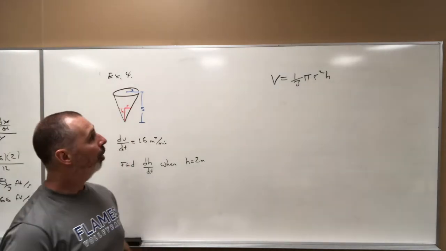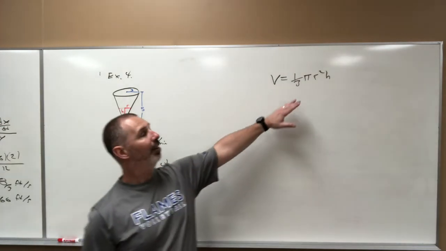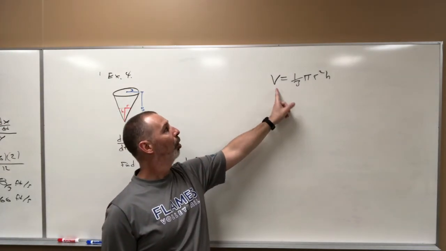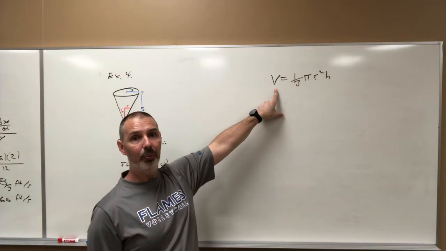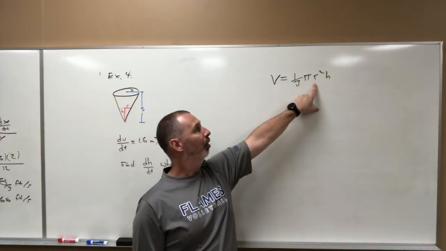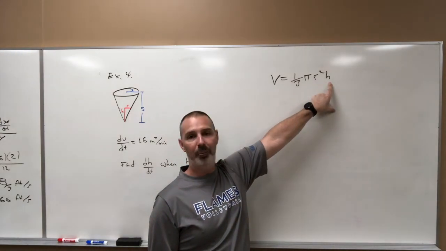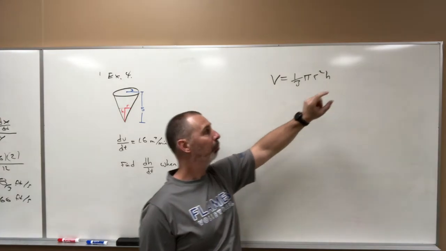All right, so now here's where it gets interesting. Here's where we have to think a little bit. If we look at this formula and we try to differentiate it, we're going to get a dv dt when we differentiate v. We're going to get a dr dt when we differentiate r, and we're going to get a dh dt when we differentiate the height.